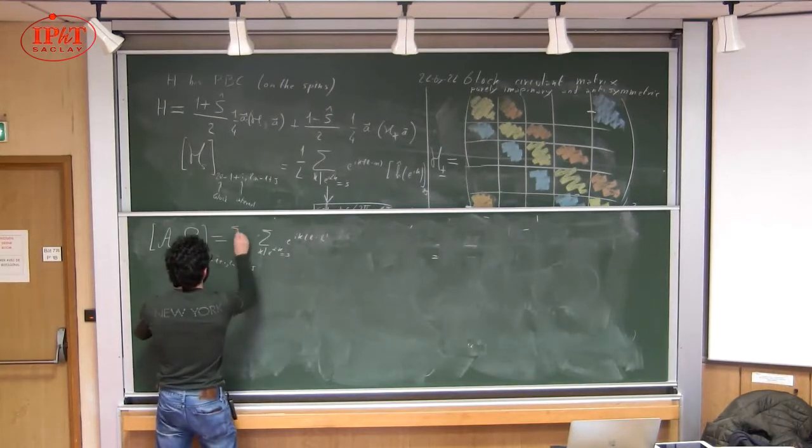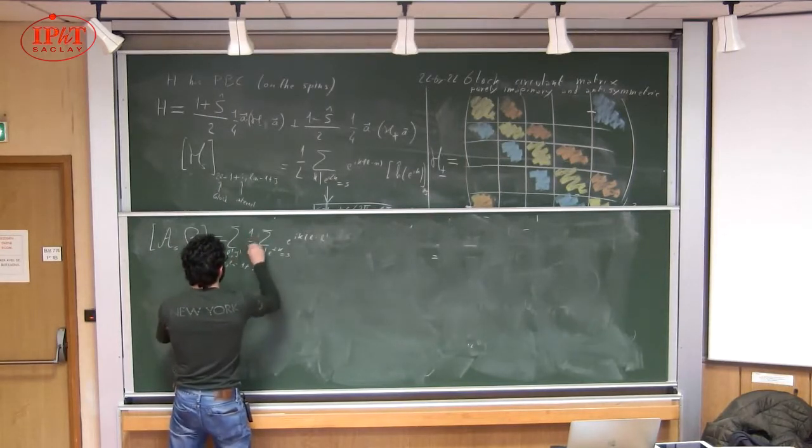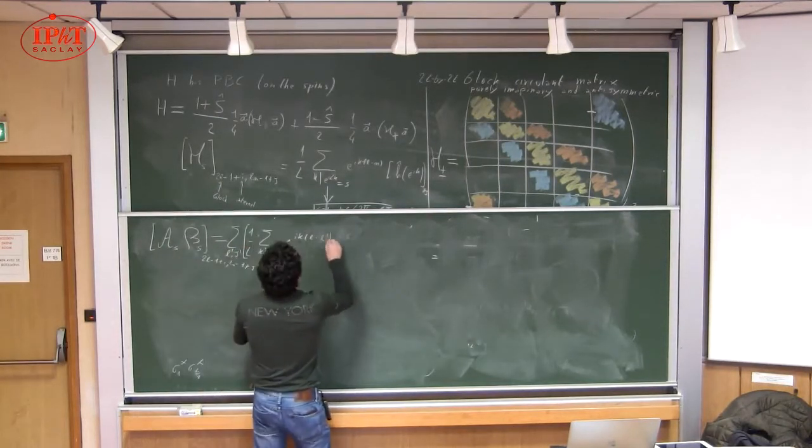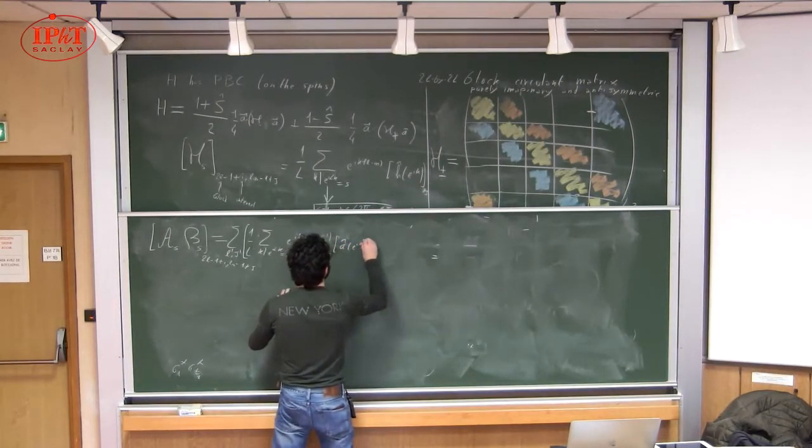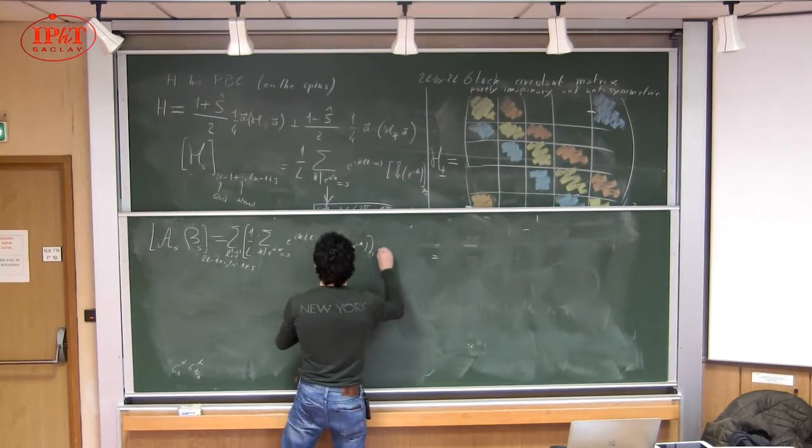Sum over l prime and j prime, 1 over L, the first matrix, and then you have here A of k, i j prime.